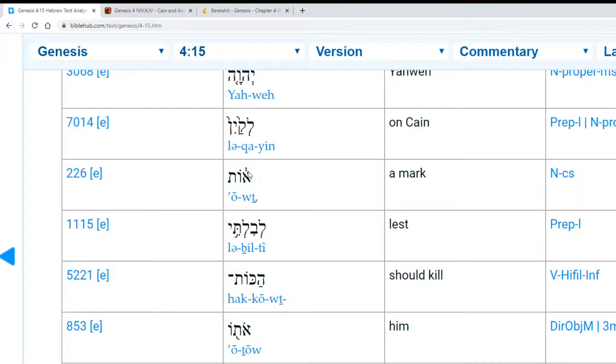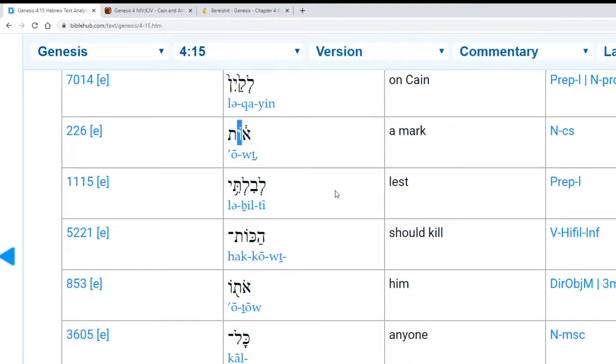It shall be a sign, and this is written b'milui with the vav, lebilti, and I think we've had bilti before. So this is a prepositional lamed, bilti, lest. I think we've had lest before, but yeah, that makes sense.